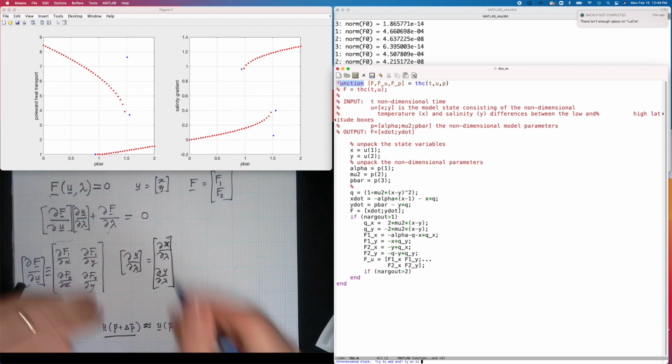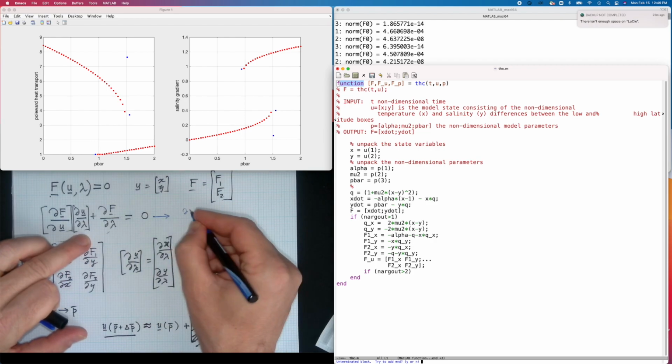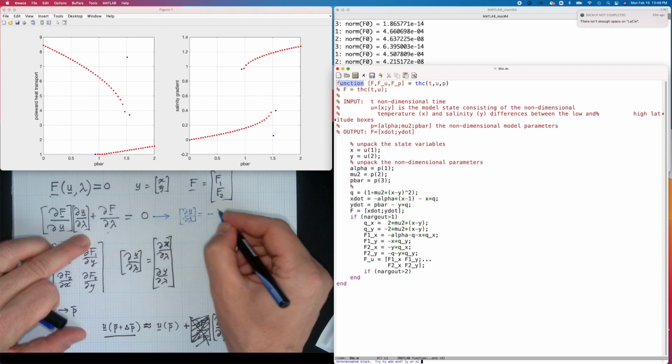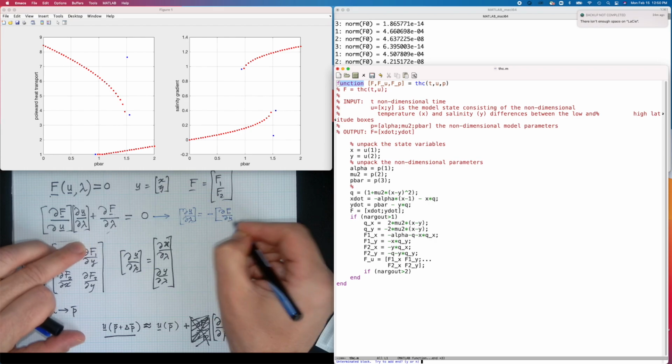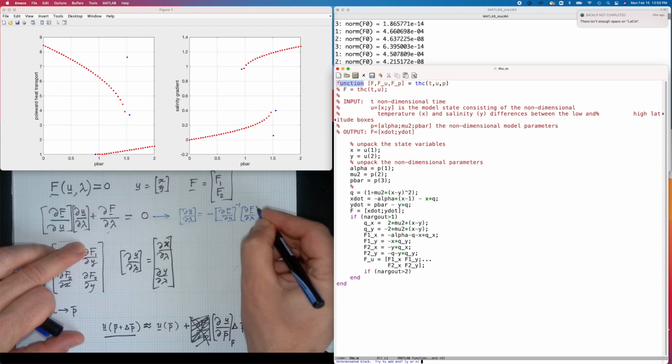This one from here, I didn't point this out, I can compute du d lambda will be equal to minus df du inverse times df d lambda.